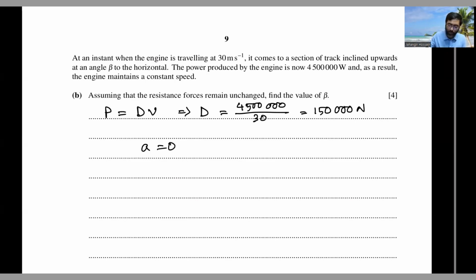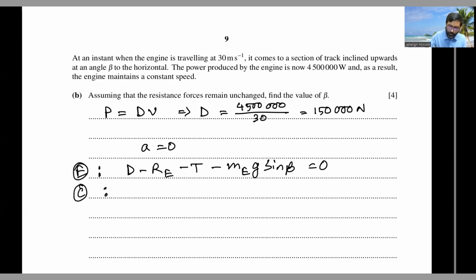The forces are balanced. So D minus T minus RE minus ME g sin beta equals zero for the engine, and for the carriage we have T minus RC minus MC g sin beta equals zero.